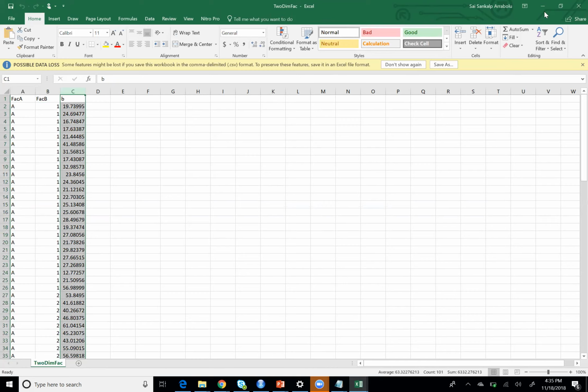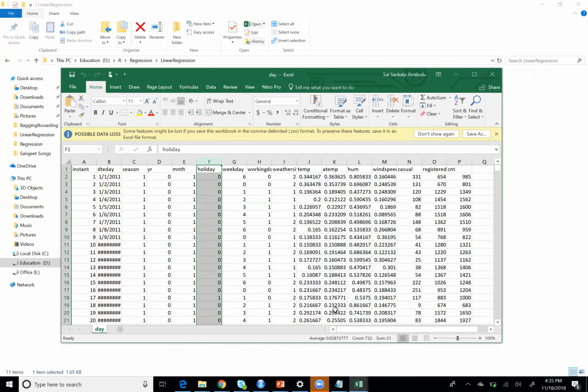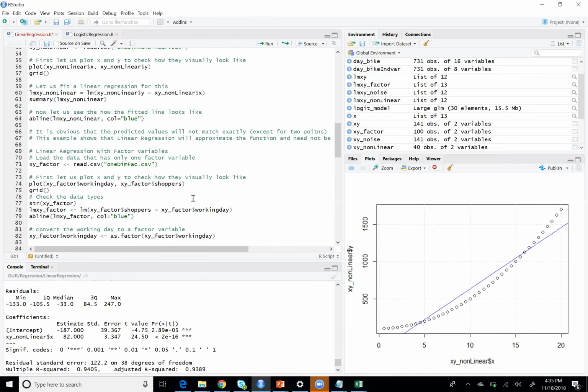This is interesting because if you have continuous data, we can fit lines, but if you have factor variables or categorical variables, it's really difficult to fit lines. So in such cases, there is a function called as.factor.